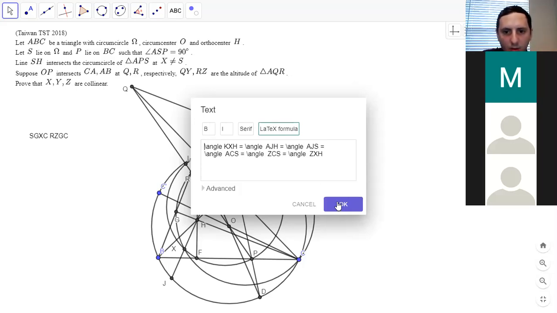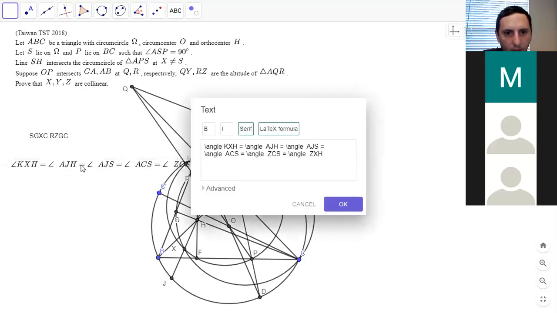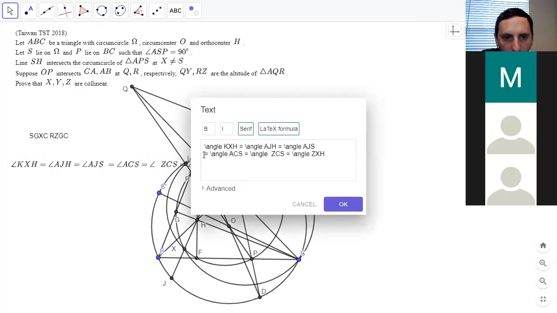Okay. Maybe I'll break it up into 2 lines. Couple extra spaces here. Whoops, it didn't. Let me do this.